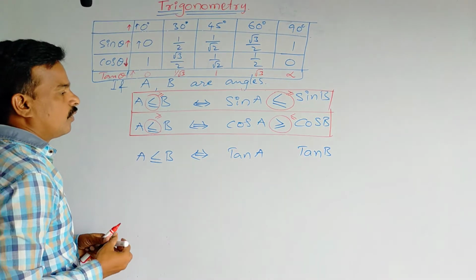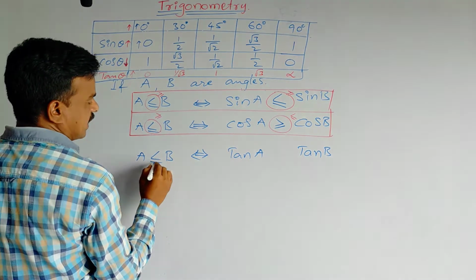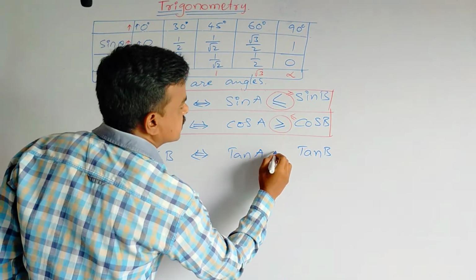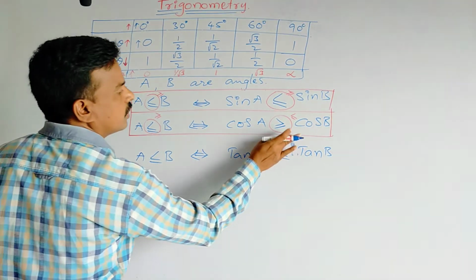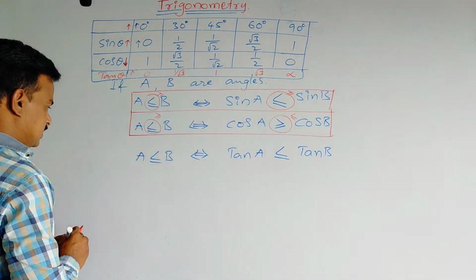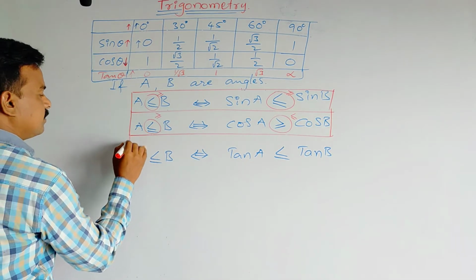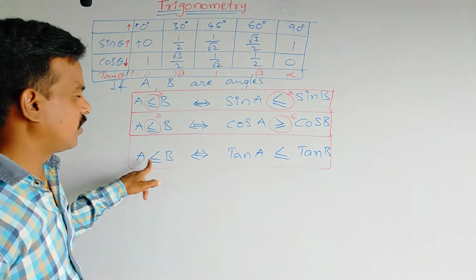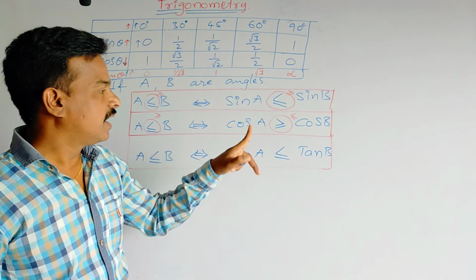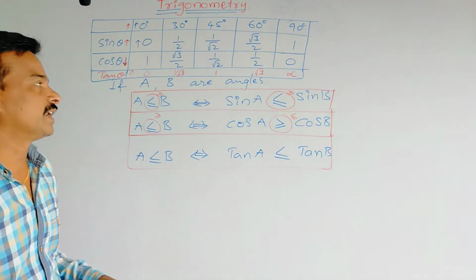So we have to write here, if A is less than or equal to B, then tan A is less than or equal to tan B. Similarly, we can write for cot, cosec and sec values.